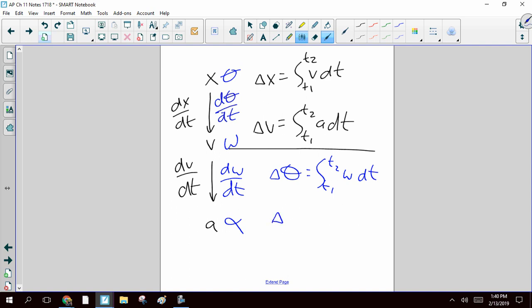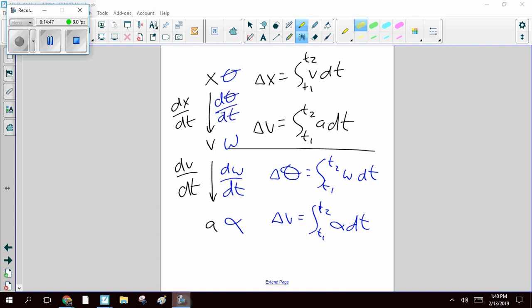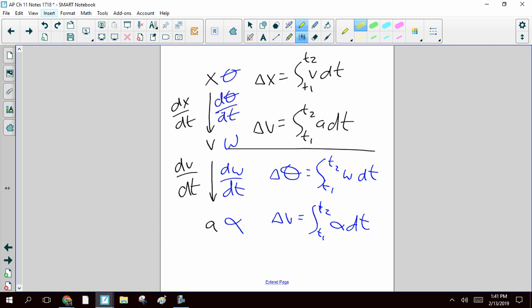And change in angular velocity is the integral from t1 to t2 of alpha dt. Okay, so I think those are pretty much all four of the calculus equations you would need. All right, so let's do an example here, I guess, and then we'll call it good.